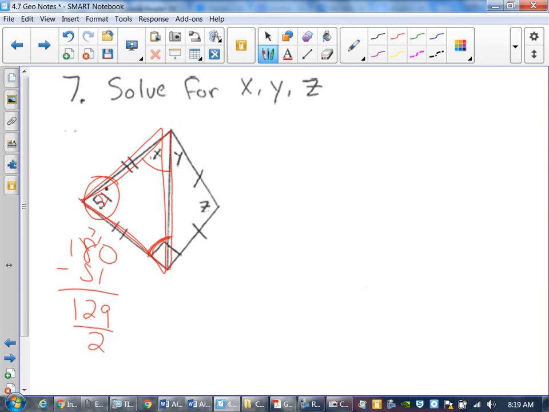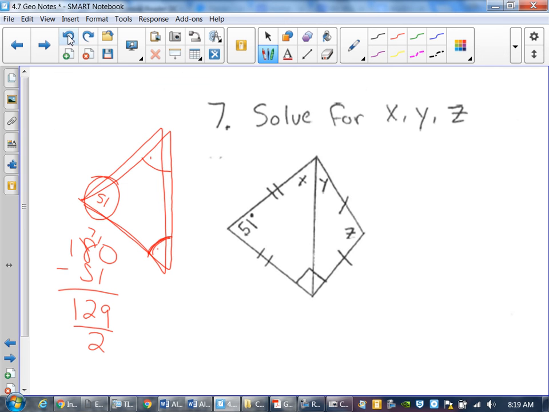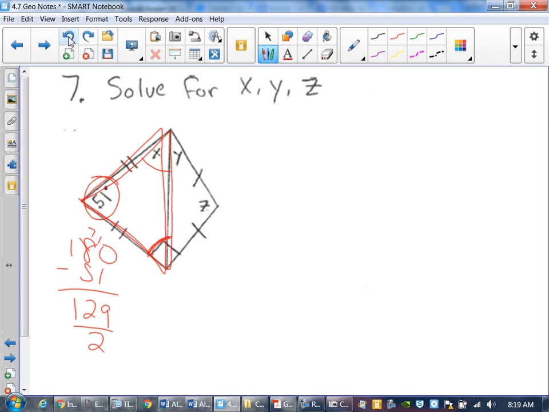And then right away you guys go, wait, it's a decimal answer. I must have made a mistake. No, it's okay. So what are each of those base angles? 64.5. So this is 64.5, 64.5.